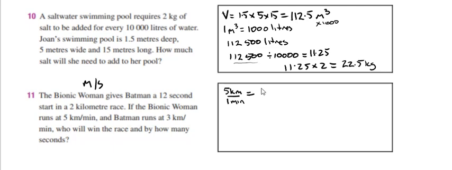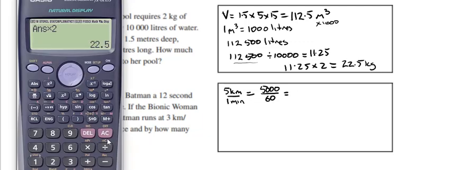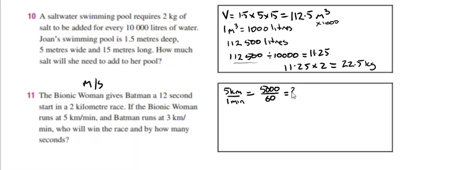So if we have firstly 5 kilometers for every 1 minute, I will change that to meters by timesing it by 1,000. So 5,000 over 60 will equal, and we'll grab our calculator and work out 5,000 divided by 60. It's not going to be very nice. I might leave it like that. 250 over 3 meters per second.